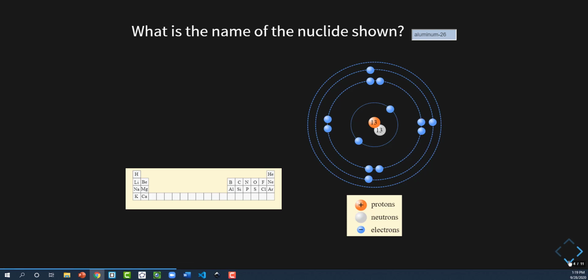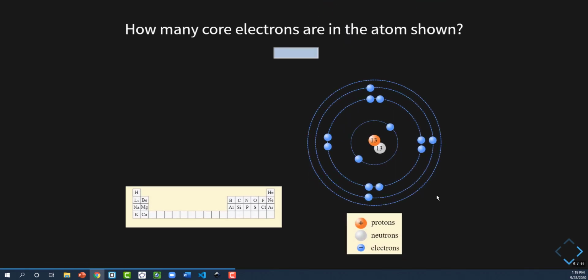Great. Last 2 questions. How many core electrons are there? Now, the core electrons are the electrons that are sitting in the completed or filled inner shells. And remember, the shells go like this. The first shell can have up to 2 electrons. The second shell up to 8, the third shell up to 8, and the fourth we never talked about filling it.